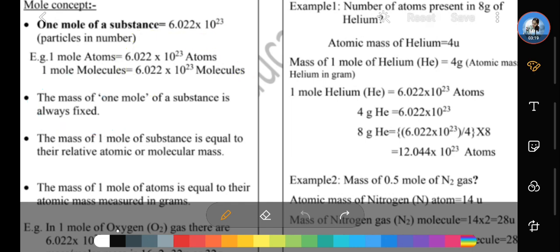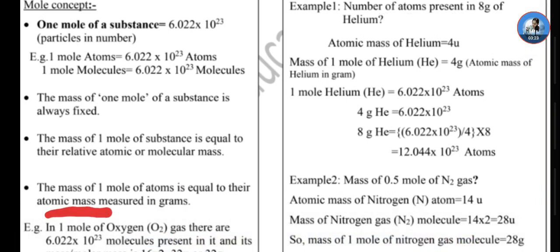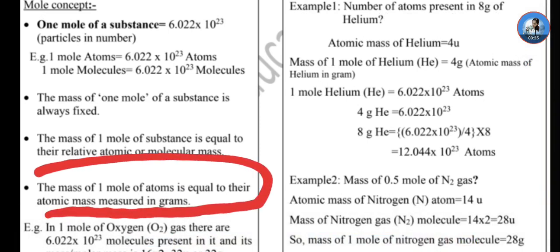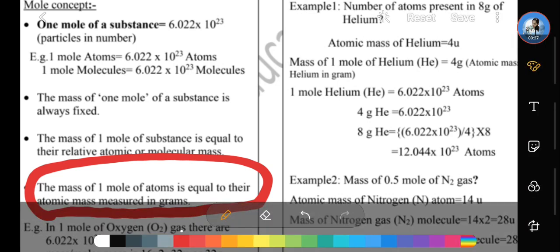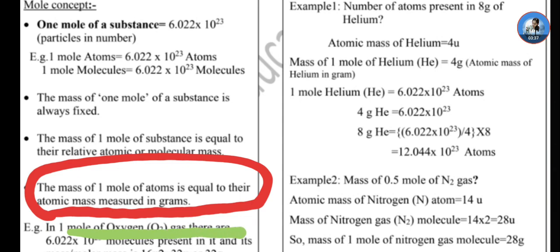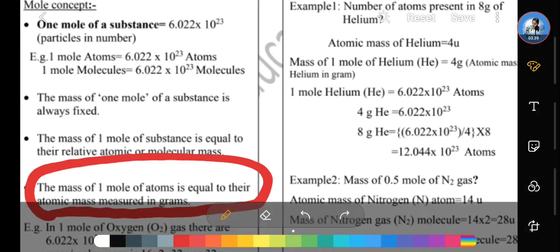Next, the mass of 1 mole of atoms is equal to the atomic mass measured in grams. For example, if we have 1 mole of oxygen, then what is the mass?